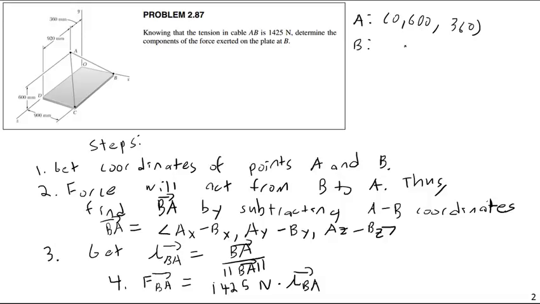And B is going to have coordinates 900, comma 0, comma 0. So it has no y, it has 0 height in the y, and 0 distance in the z. So then BA, again, final minus initial, is going to be 0 minus 900, so negative 900, comma 600 minus 0, so positive 600, 360 minus 0, just 360. All of that in millimeters. And then you find the unit vector, you work through it, and that's all there is to it.